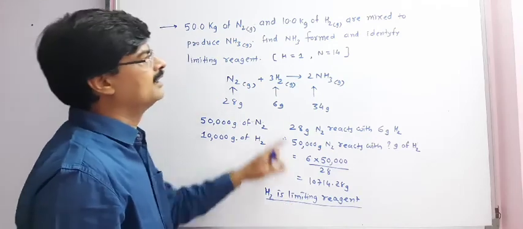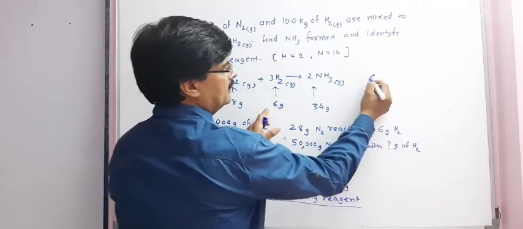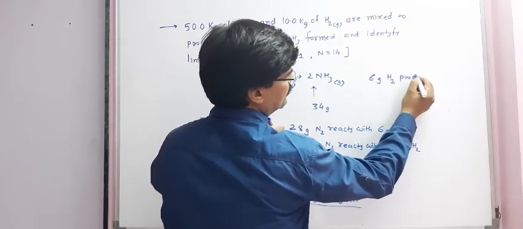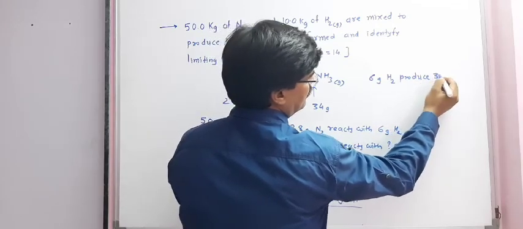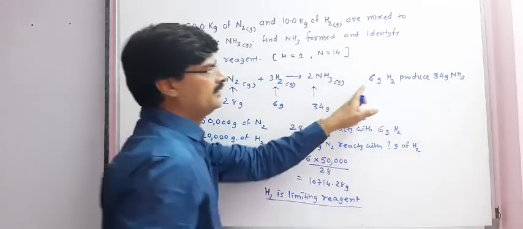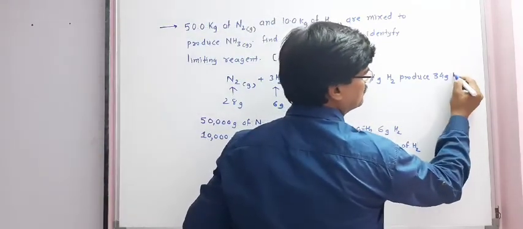We shall find the amount of NH3 formed in this reaction. So we can write 6 gram hydrogen produce 34 gram ammonia.